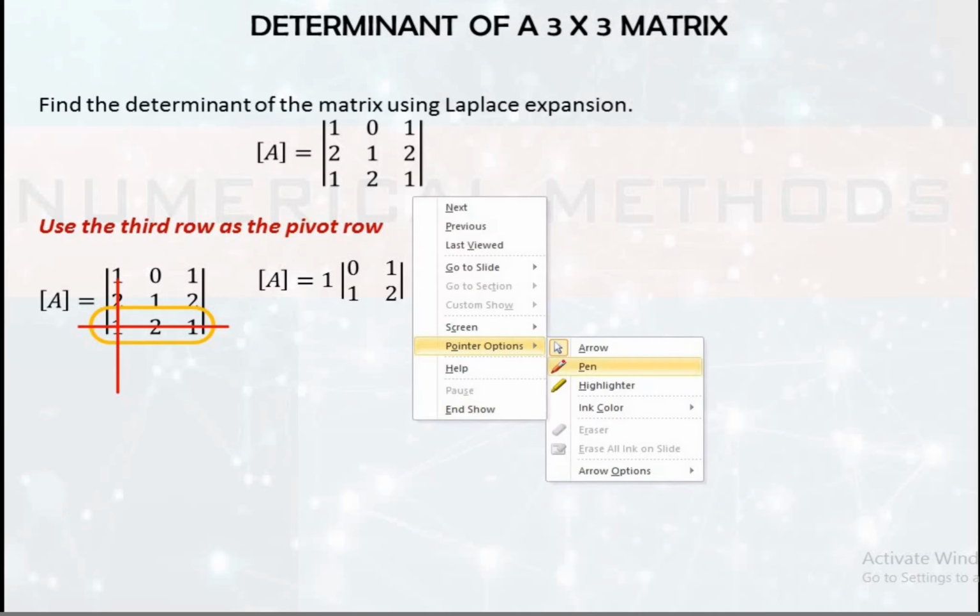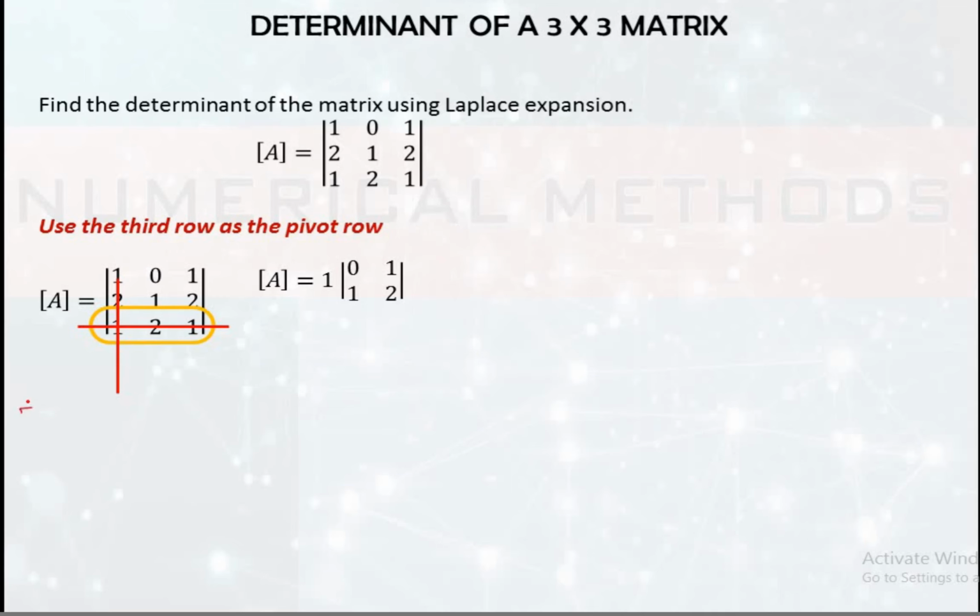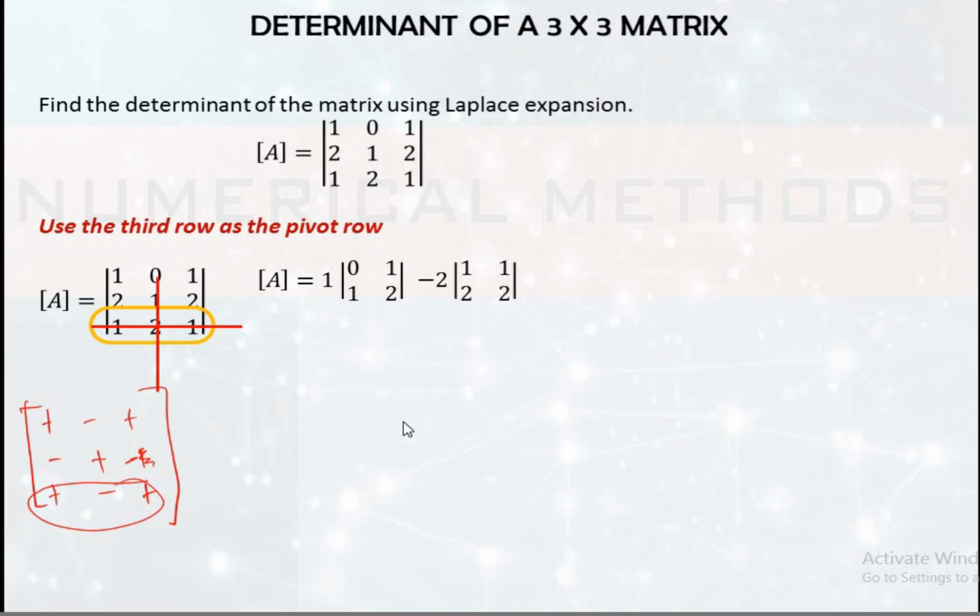For a 3 by 3, the signs are positive, negative, positive. So, I'll start with positive since third row ang pivot row. Then I'll take the cofactor of 2, and I'll take the cofactor of 1.